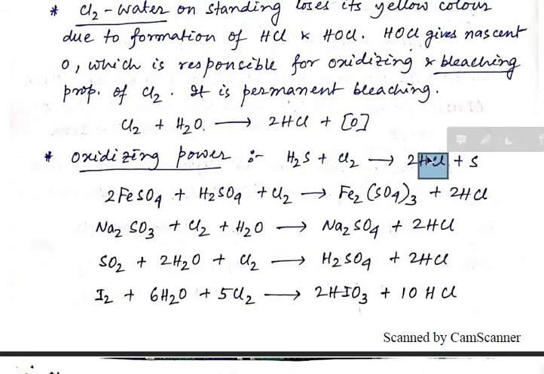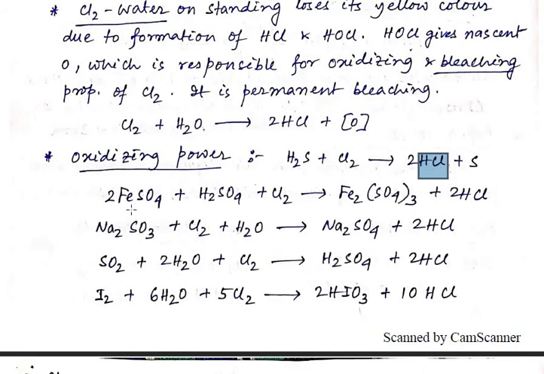So reduction is happening, and in the case of sulfur, oxidation is happening. So it helps in oxidation of other elements. That's why I have written the oxidizing power of Cl2. So Cl2 is a powerful oxidizing agent.